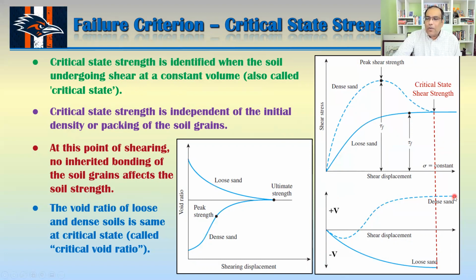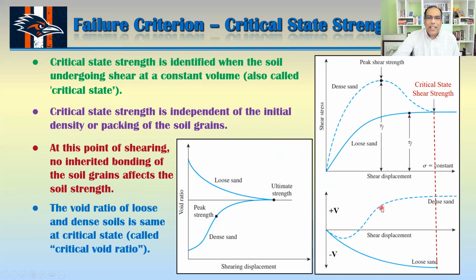I'll try to show why the volume increases because of the shearing in a later slide. On the other hand, for loose sand, the volume goes down. So this is negative and this is positive.